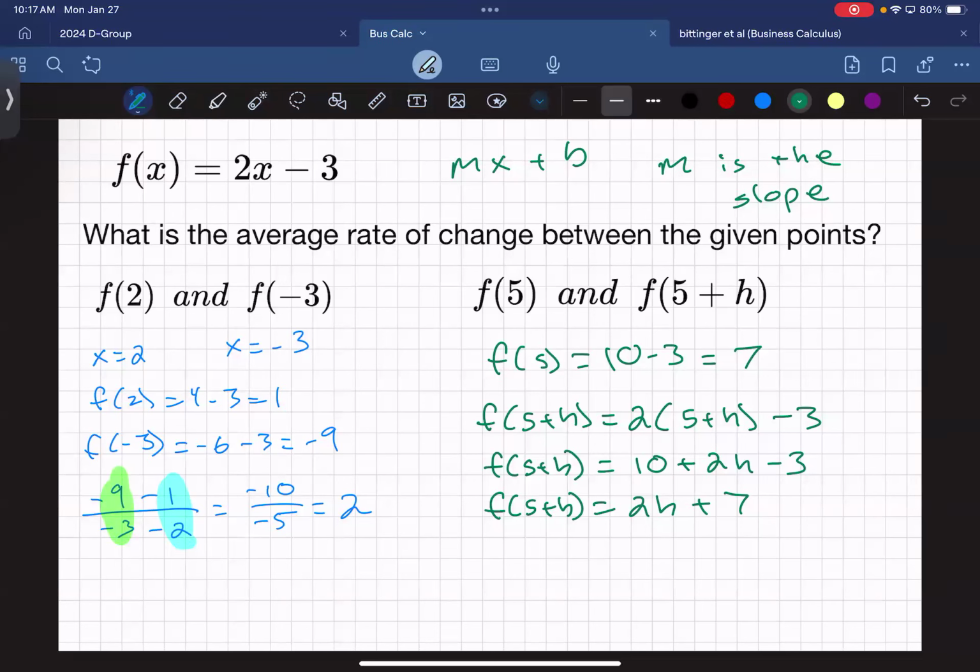We're okay with where I'm getting the 2h and the 7 from? Now keep in mind, as you saw with the first pair, we didn't have to do that, but as we move forward, we should expect something with the plus h occurring a bit more often, okay?